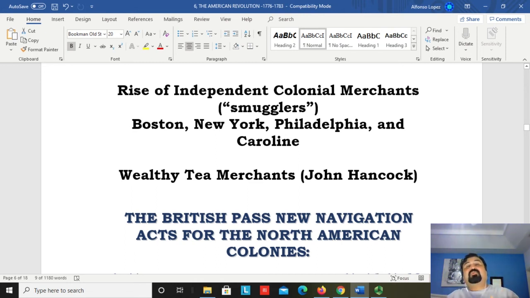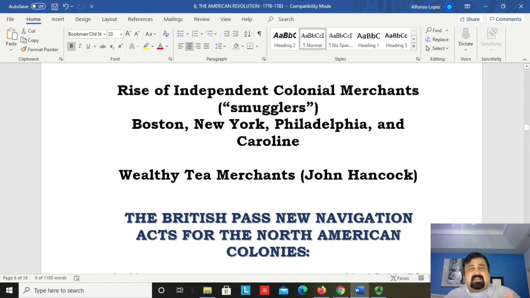Most of those new laws of trade that the British Parliament is going to pass to regulate trade more closely with the British colonies of North America affected the interests of those wealthy merchants, tea merchants particularly, but also planters in the southern colonies.